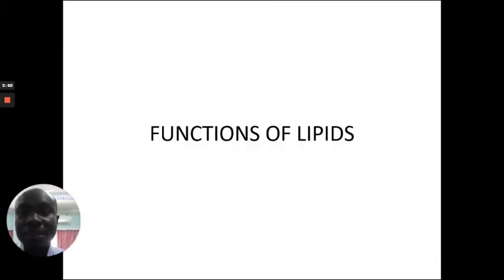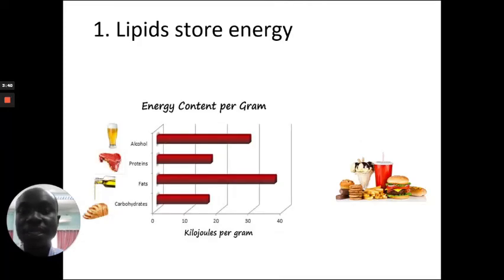Let's talk about the functions of lipids, because lipids have very important functions inside the living organism. The first one is that lipids store energy. So if you can see here, lipids and fats can store more energy than carbohydrates.